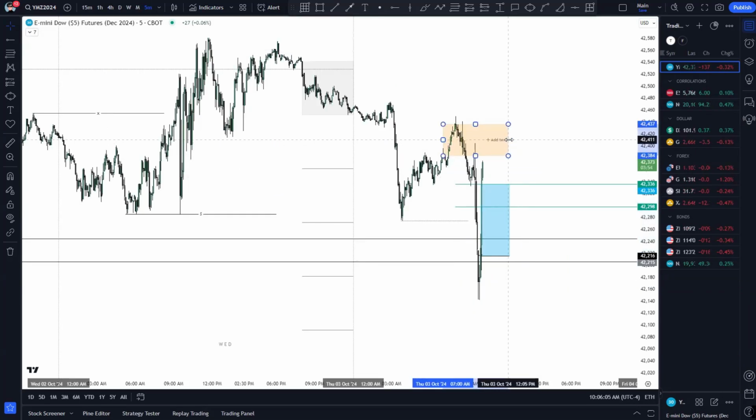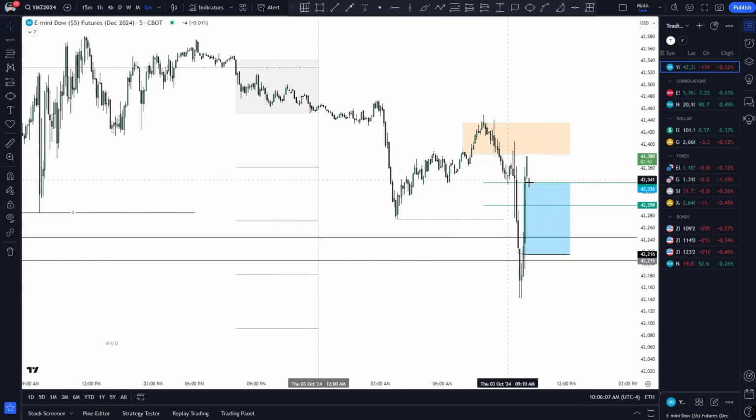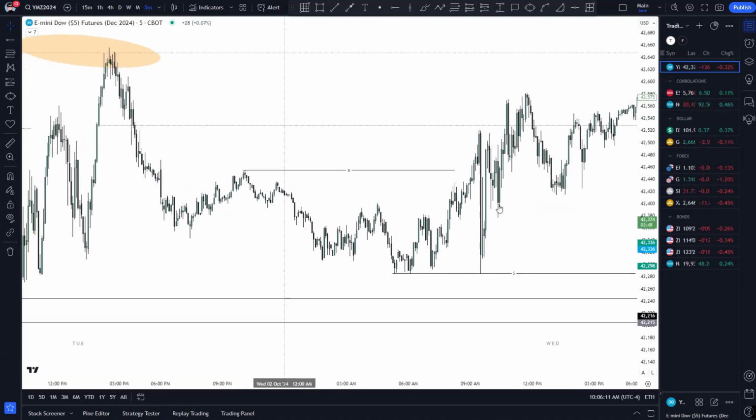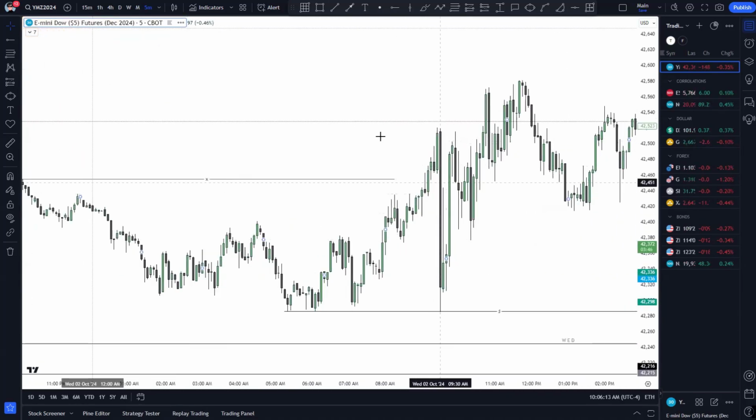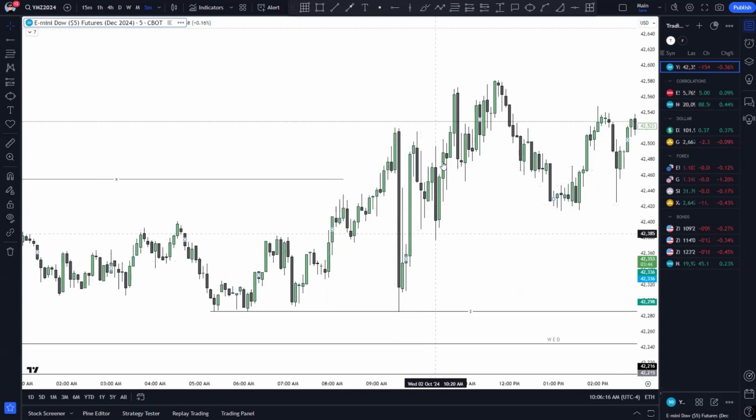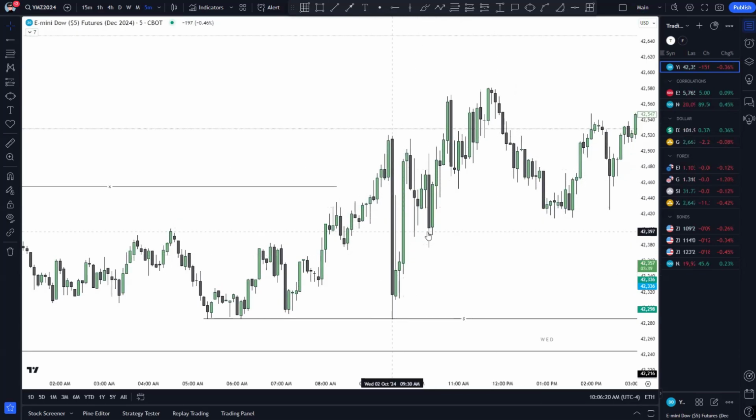Sometimes you know exactly what the market's gonna do next, like some days like today, and then some days like yesterday, where you're just meant to lose. You're not meant to make money on days like these.